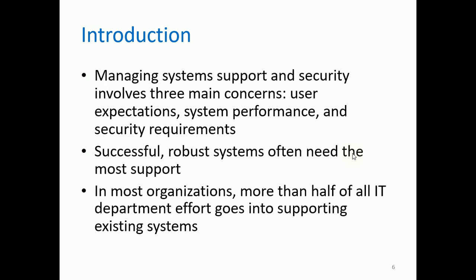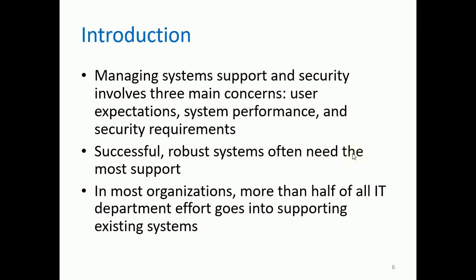For the introduction to this chapter, managing systems support and security involves three main concerns: the user expectations, the system performance, and security requirements. Successful robust systems, mostly the mission critical systems, often need the most support.